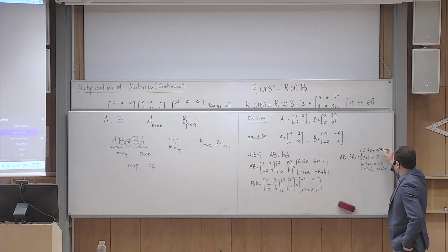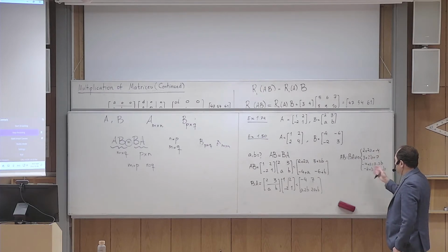Of course, it is clear that these two are enough to find A and B, but it doesn't mean that I solve the problem if I don't check the last 2. Okay, so from here, what is A? I move it to the right, it becomes minus 6, A becomes negative 3. And from here, what is B? It's 2.